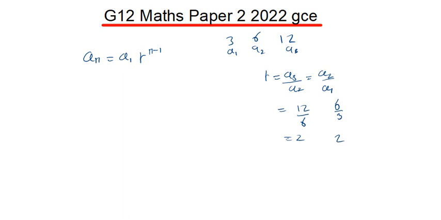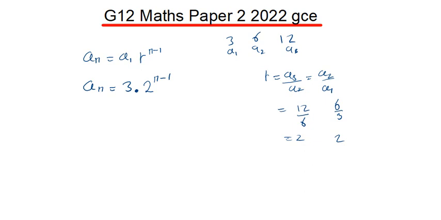So our r is equal to 2. So an is equal to our first term, 3, multiplied by, and I put a dot which still indicates multiplication, our r, which is 2 to the power n minus 1.